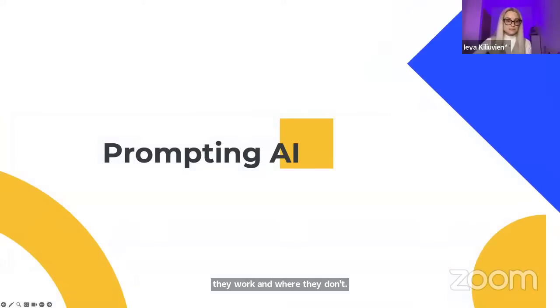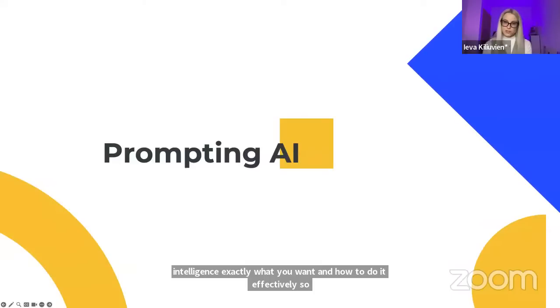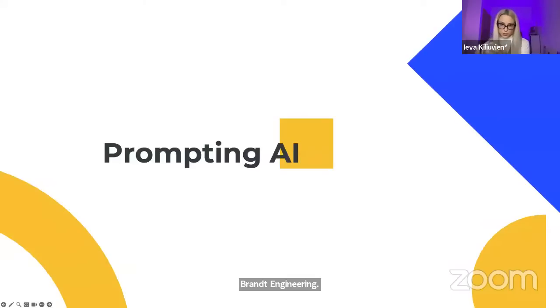In this part, we will talk about how to submit queries, or in other words, prompts, yeah? And how to tell artificial intelligence exactly what you want and how to do it effectively. So prompt engineering involves designing the best prompt you can to get the output you want.